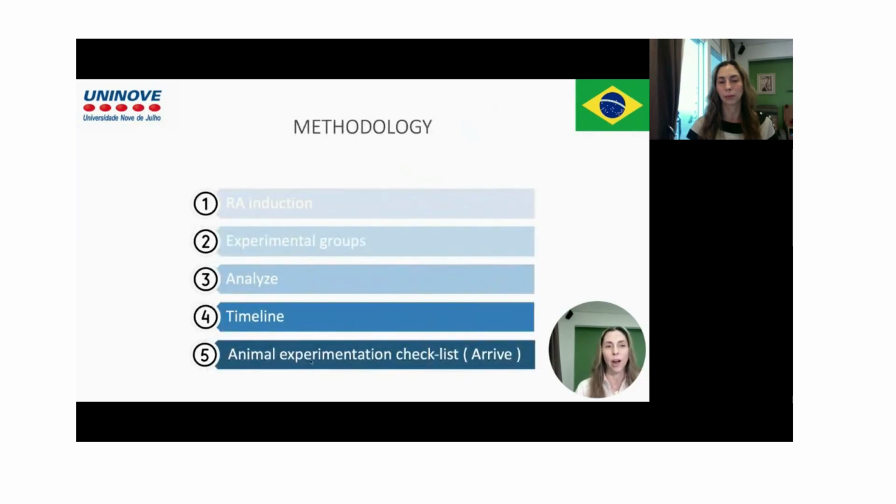This is the methodology of the project: the rheumatoid arthritis induction, the experimental groups, the analysis, the timeline, and the animal experimentation. We use the ARRIVE checklist.